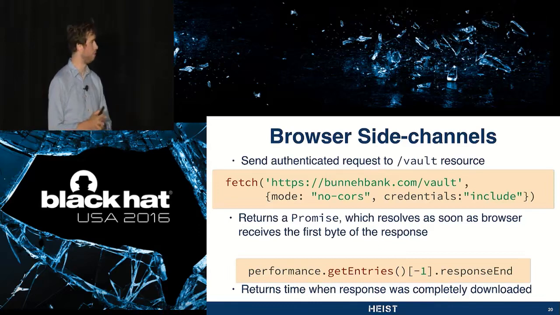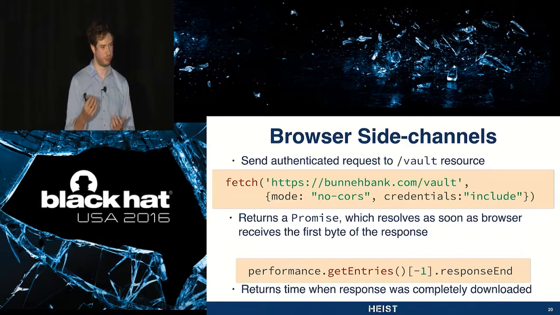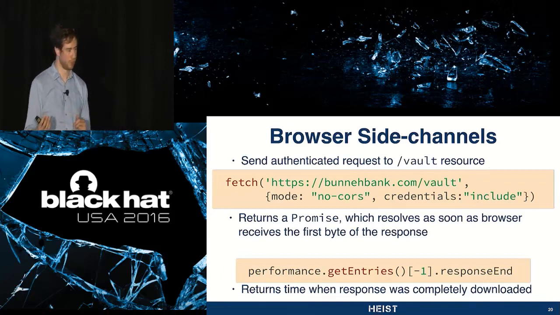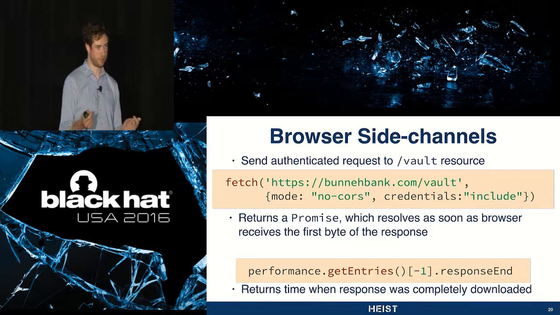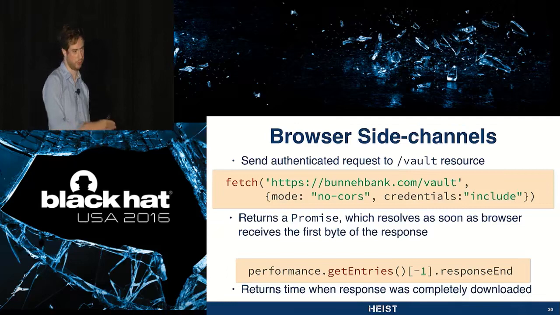Then we have another side channel. There we use the resource timing API, which allows us to measure when the last byte of the response was downloaded. So now we know the time when the first byte of the response was downloaded by the browser and the last byte was downloaded.